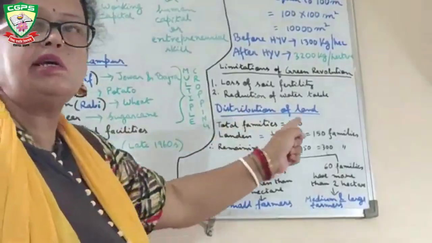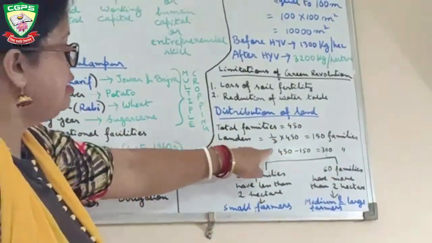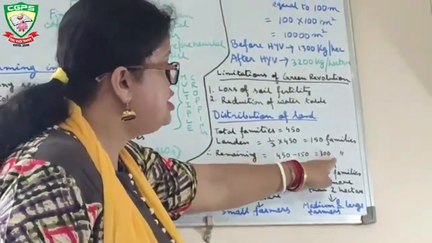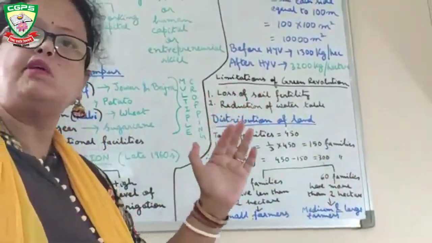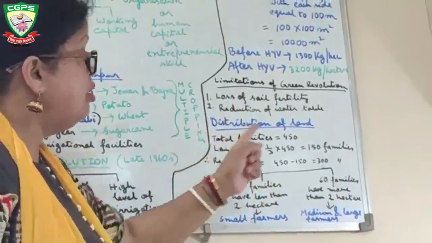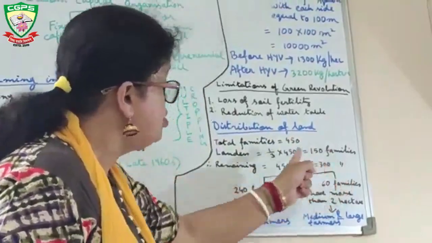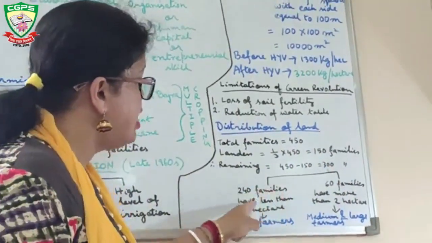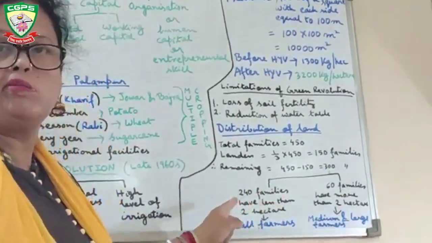So how many families are having land? Obviously 450 minus 150, that means 300 families are having land of their own. But out of those 300 families also, 240 families have less than 2 hectare.